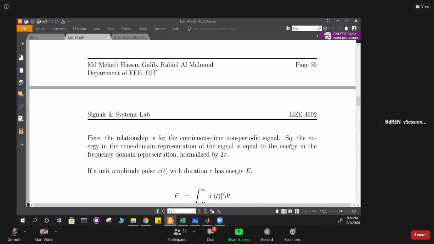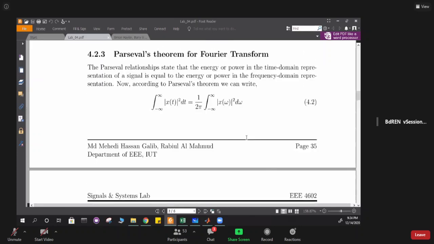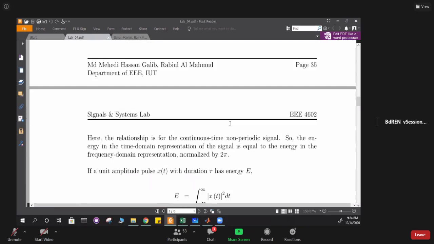Non-periodic signals are energy signals, and periodic signals are power signals. If we rephrase this statement, the energy in the time domain representation of a signal is equal to the energy in the frequency domain representation, normalized by 2π.